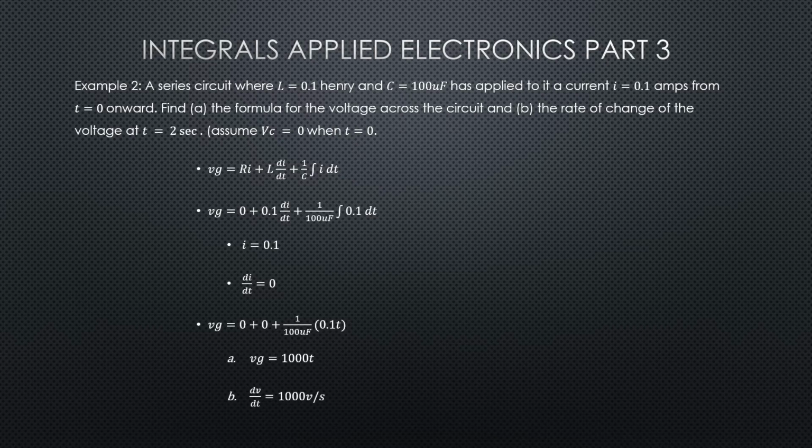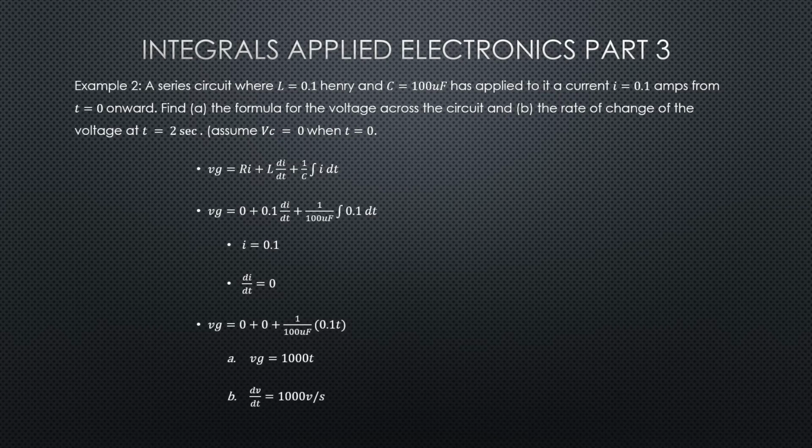So R times I is 0, and our di dt is 0, so the second part of the formula is 0 also, leaving us with Vg equal to 1 over 100 microfarads times 0.1 t. So part A is asking to find the formula for the voltage across the circuit, and that would be our Vg is equal to 1000t anytime.